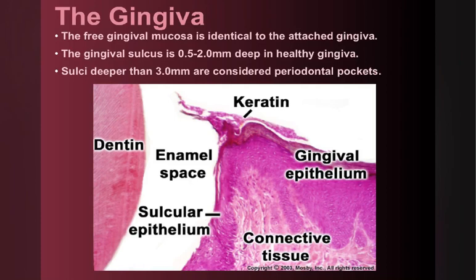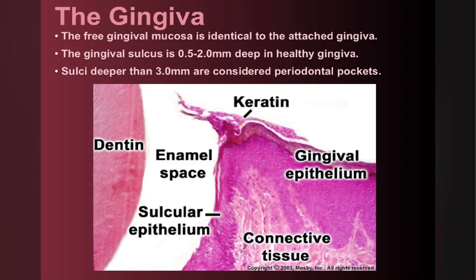When the sulcus is deeper than 3 millimeter, it means there is a chronic inflammation in the periodontium, which includes gingiva, periodontal ligament, alveolar bone, and the cementum.